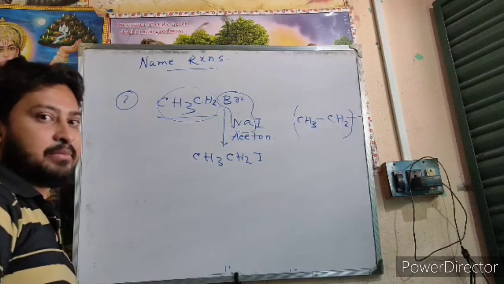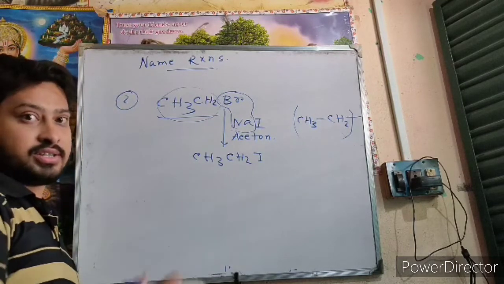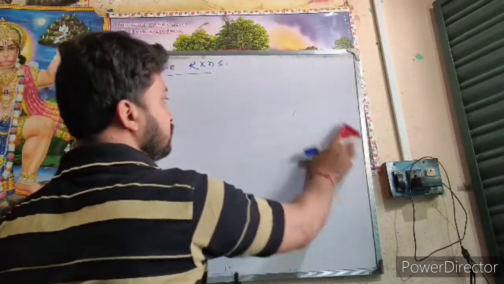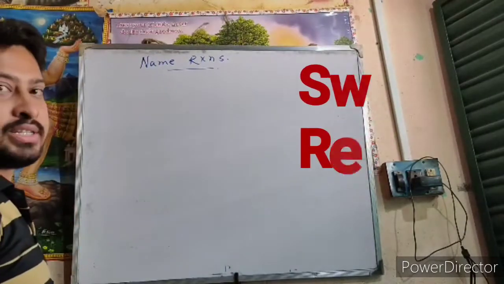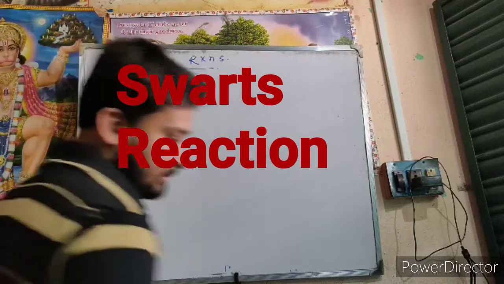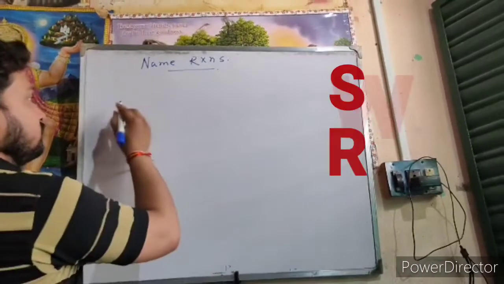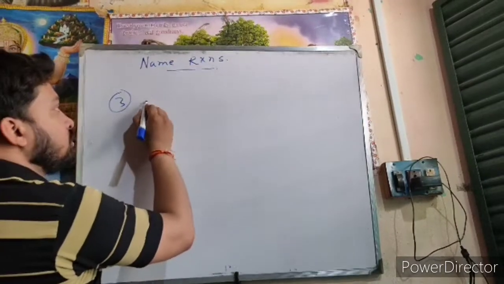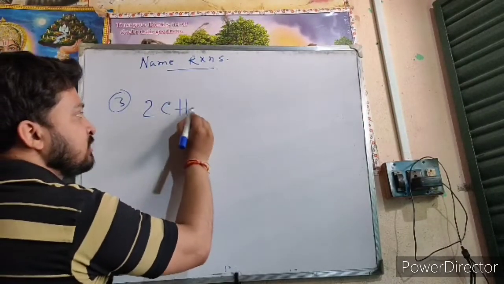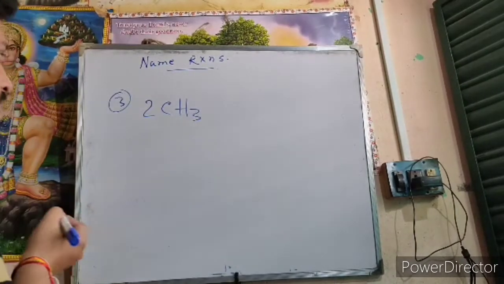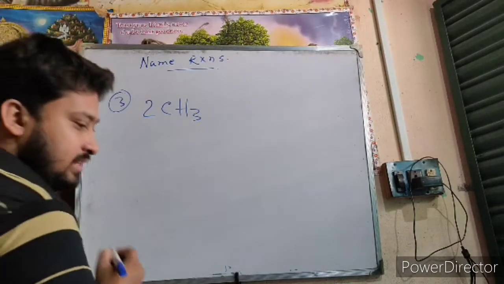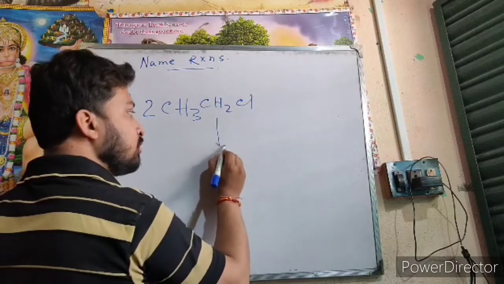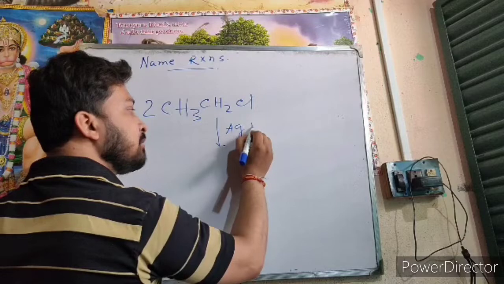Now the next name reaction is the Swarts reaction. Swarts reaction. You take CH3CH2Cl and react it with any metallic fluoride.